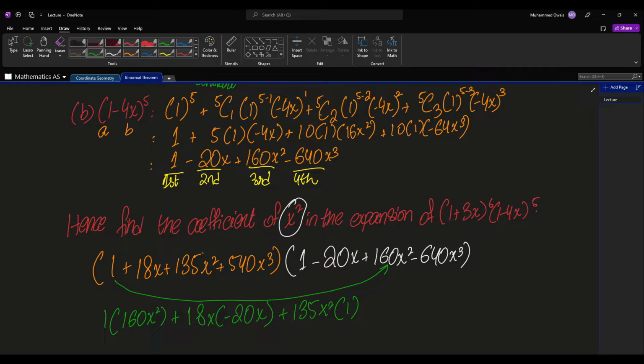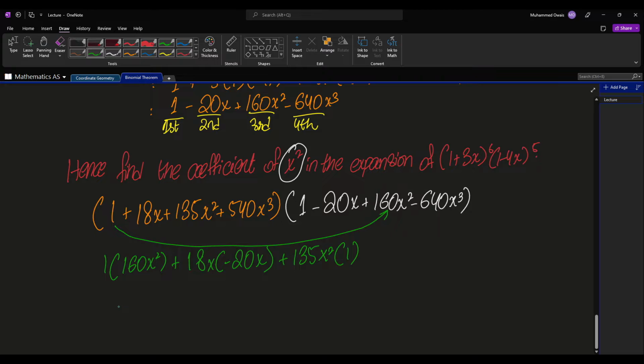If I multiply this 135 x square with 160 x square, it will give me a power of 4. And if I multiply this 135 x square with minus 640 x cube, it will give me a power of 5. Now then, we see 540 x cube. There is no term in this whole equation which I can multiply this 540 x cube with to give me an x square. Thus, we will not multiply this with any term. And here we end it.